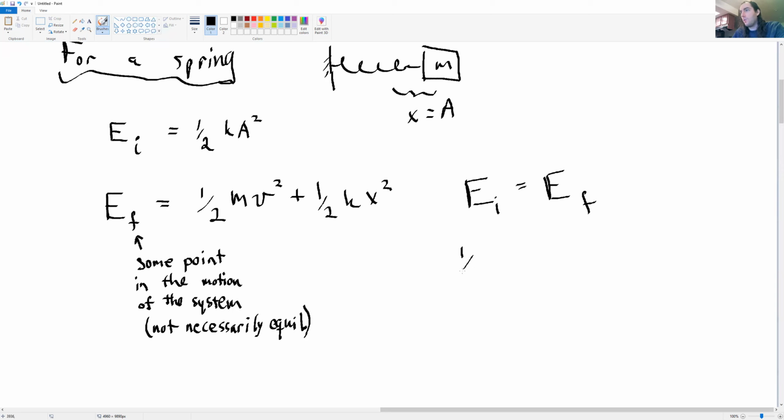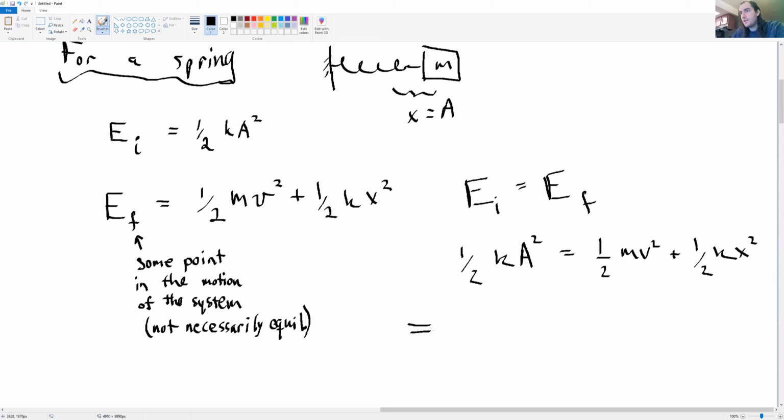what we have is 1/2 Ka squared is equal to 1/2 m v squared plus 1/2 kx squared. What we can do is we can actually solve this equation for v.